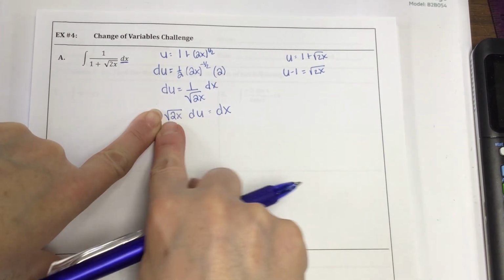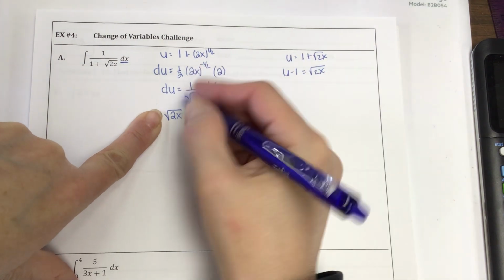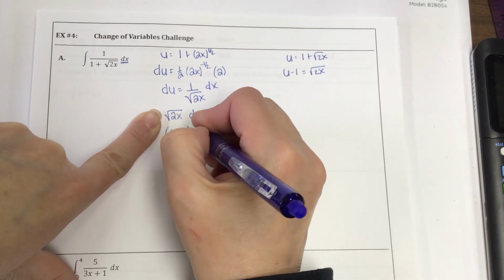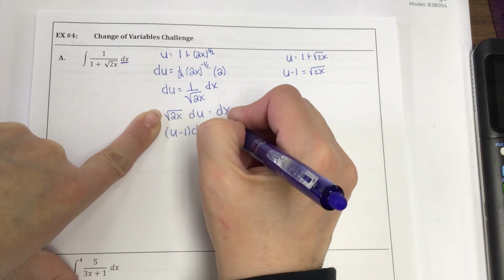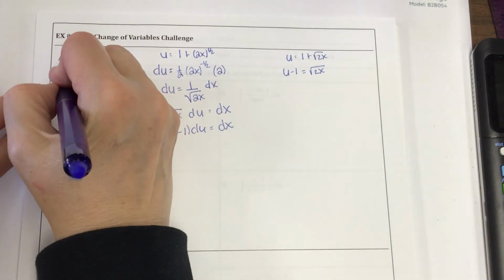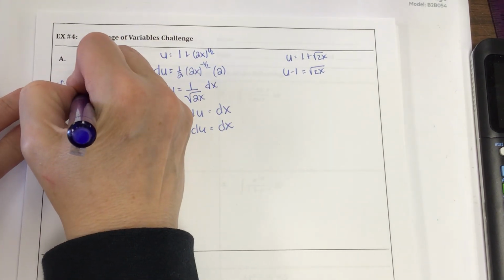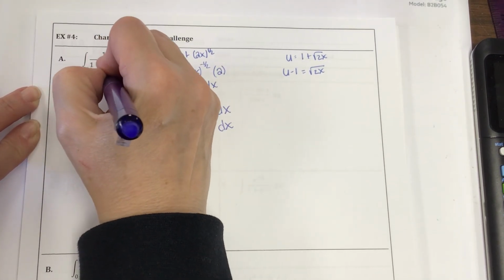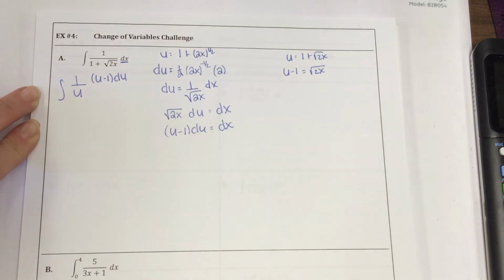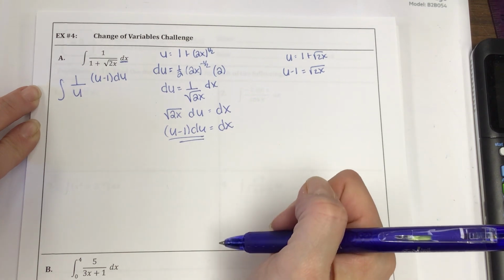So if dx equals this and this equals u minus 1, is it fair to say that u minus 1 du is equal to dx? Would that be fair? So if that's true, then I'd have the antiderivative of 1 over u minus 1 du, wouldn't I? Would that work?